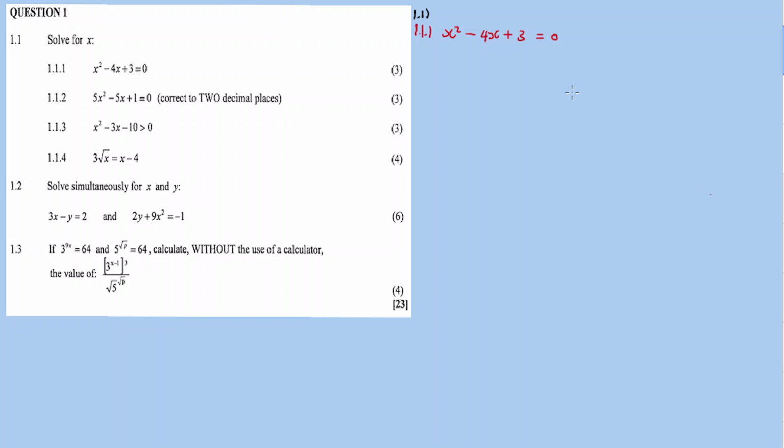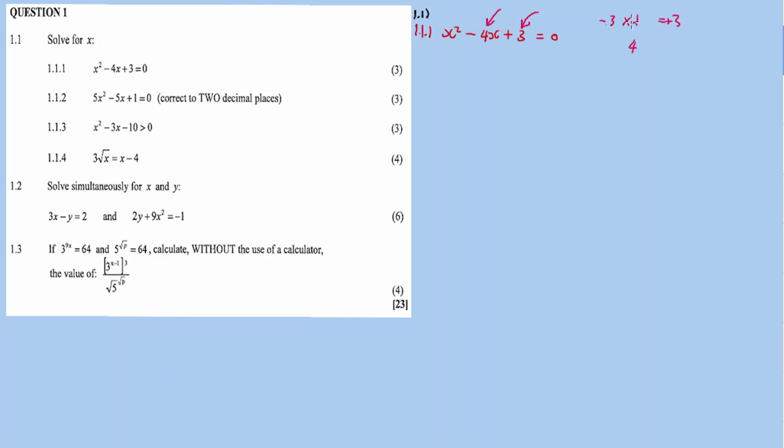So the factoring method basically needs 2 numbers that when I multiply give positive 3, and the same numbers when I add give negative 4. So 3 times 1 gives 3, but 3 plus 1 gives positive 4, right? But the 4 is negative, so let's say these are negative and negative. Negative 3 times negative 1 gives positive 3.